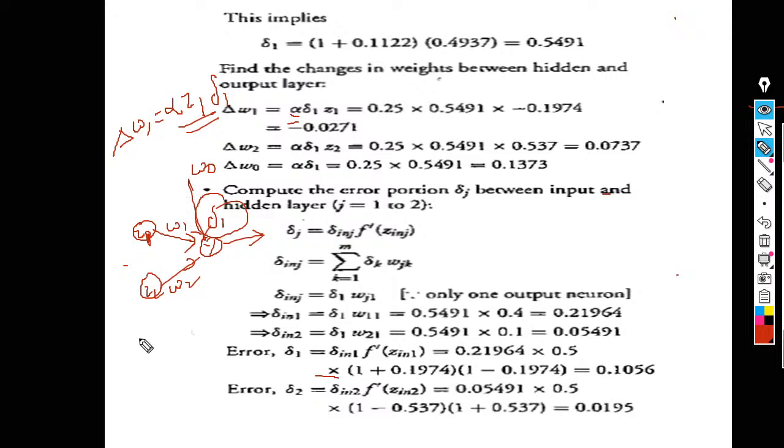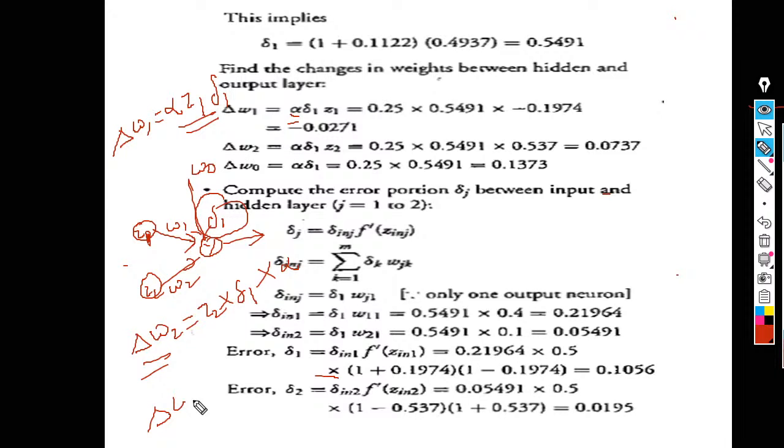So this becomes the formula for delta w1. Similarly, suppose I want to calculate delta w2, that is for w2. Just check, z2 is coming to y, right? So we multiply z2, then the error delta 1, and alpha. So we can calculate w2. Similarly for wo, let's calculate the formula.